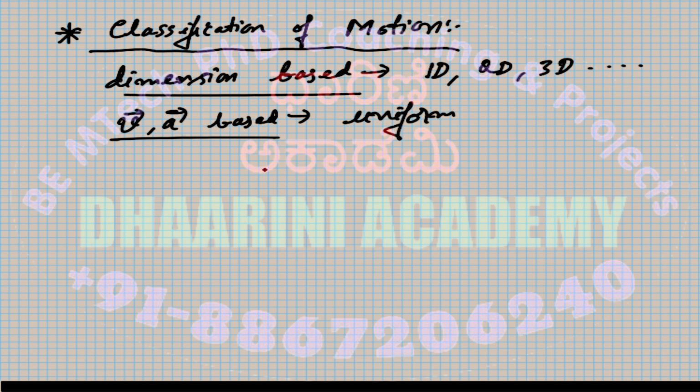First one is uniform motion. In uniform, velocity of a particle is constant. So in case of uniform, the v is constant. Then the second one is uniformly accelerated. So in this, a is constant.